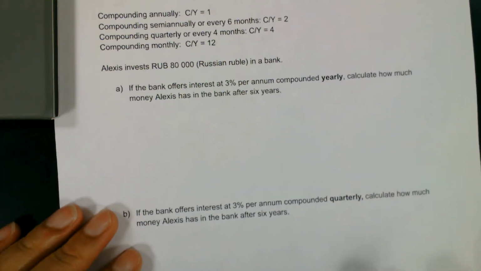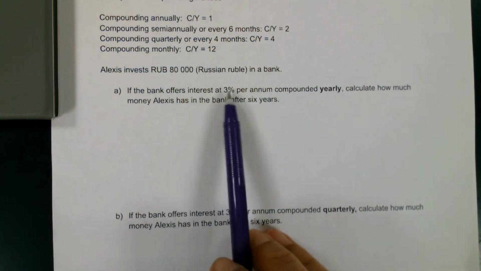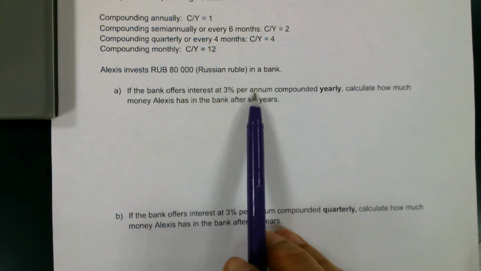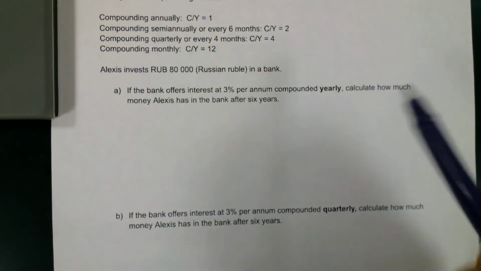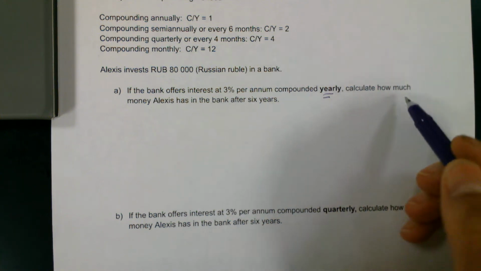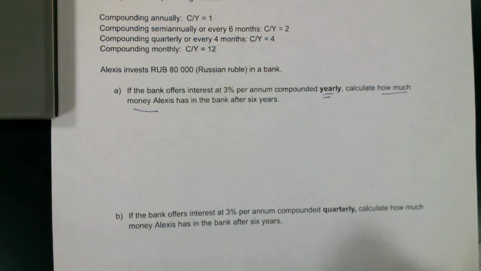So we have Alexis. I love this name because it's from one of my favorite shows. Alexis invests 80,000 Russian rubles in a bank. Perfect. All right, so that's our present value. If the bank offers interest at 3% per annum, remember that is per year, compounded yearly, calculate how much money Alexis has in the bank after 6 years.